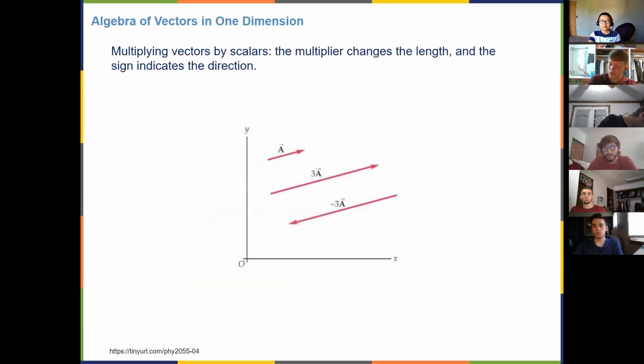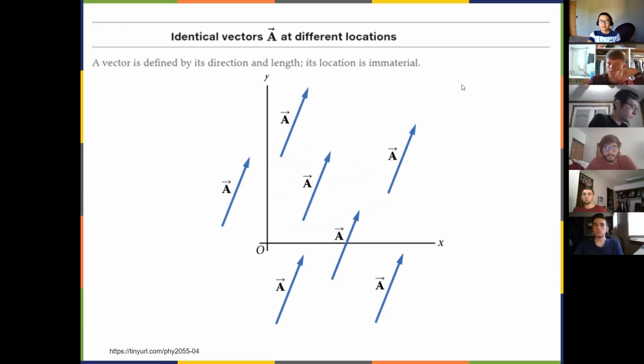For vectors, if you multiply a number by the vector, it changes the length. If the number is negative, it also changes the direction by 180 degrees. If you move a vector parallel to another location, it's still the same vector.